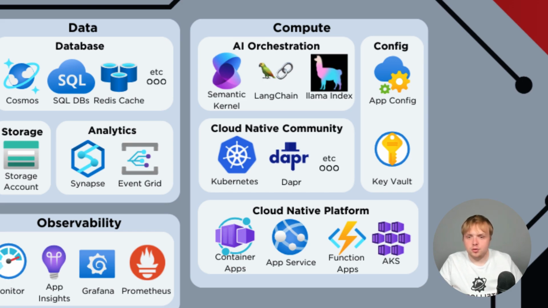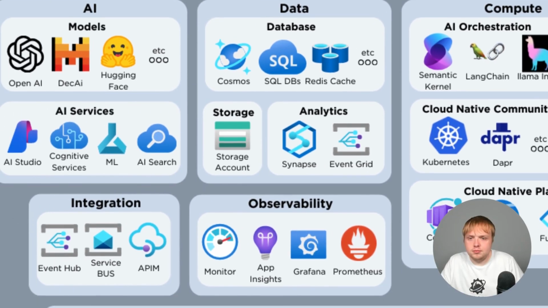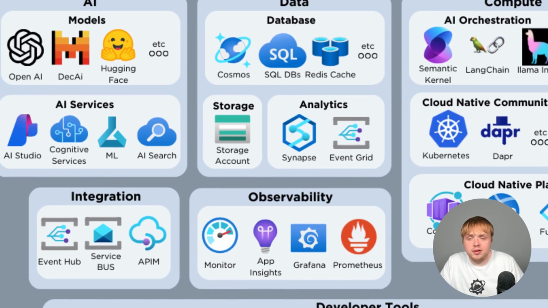Now let's move on to observability. Just to remind people what observability means, this means basically to monitor your applications and infrastructure. So this is what Azure Monitor does. We then have Application Insights, which is a bit more about performance management and also viewing your trace logs for your applications.